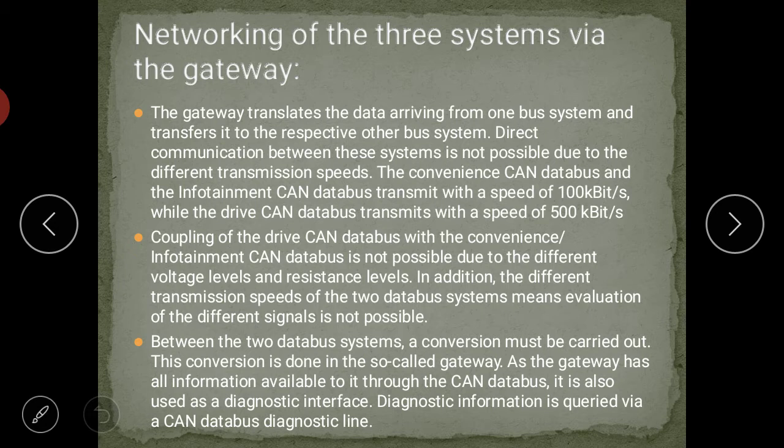I have to exchange information between these CAN database systems, so I need a device which is called a gateway. So basically, what is the function of the gateway? To transmit or share information or data between different CAN database systems.